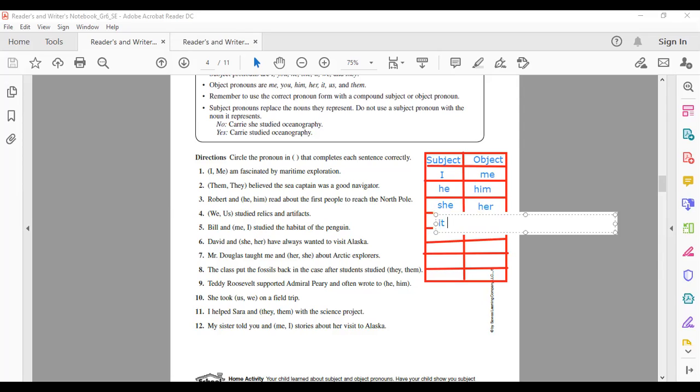And then it will be the same, it. And you, it will be the same, you. And then we have they, it will become them. And we, it will become us.